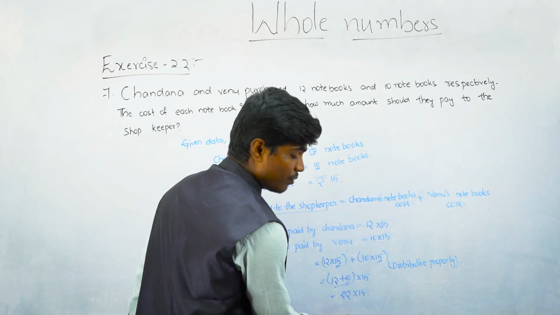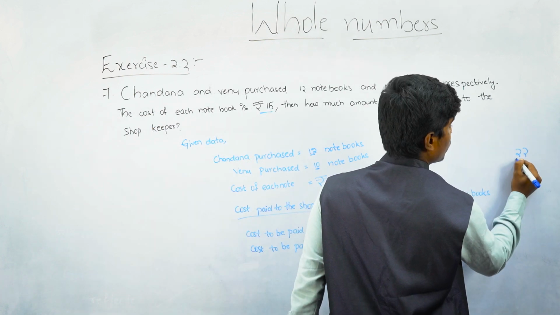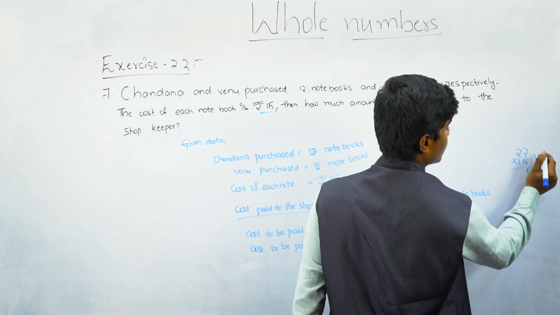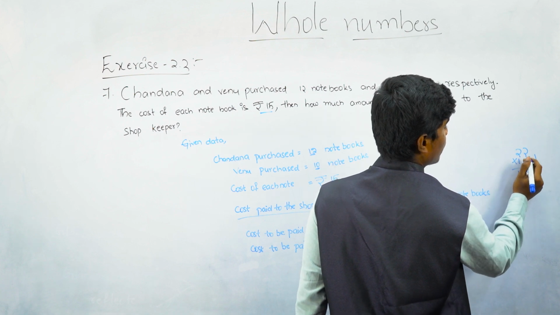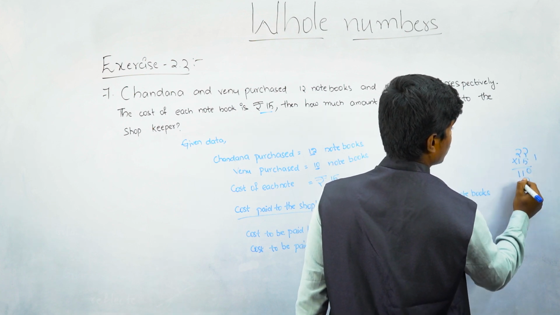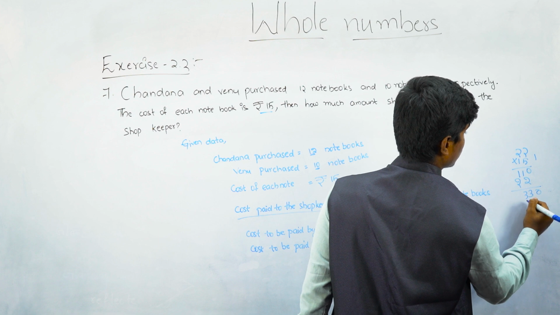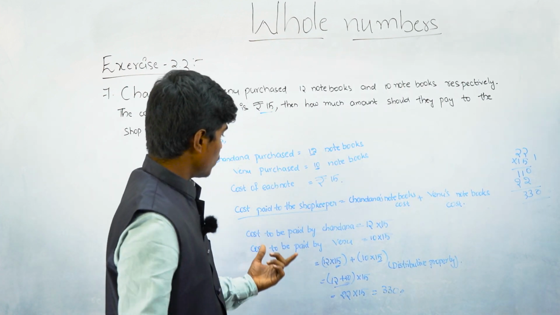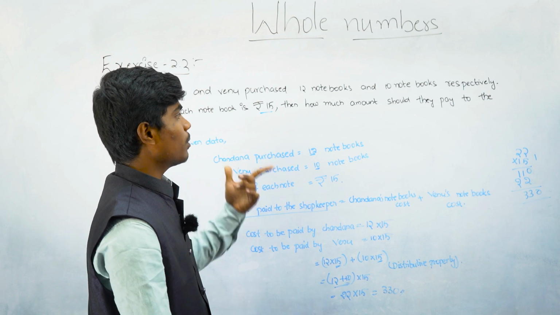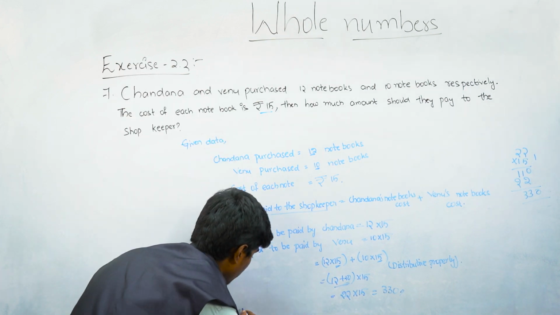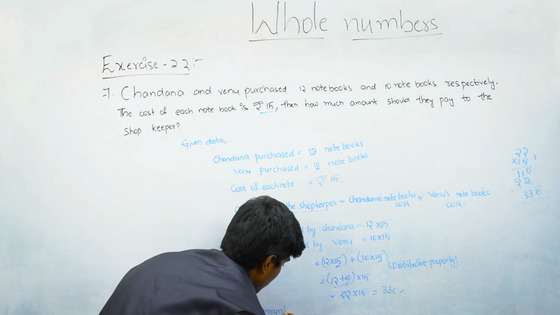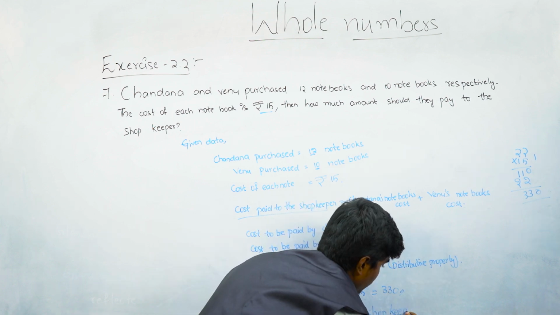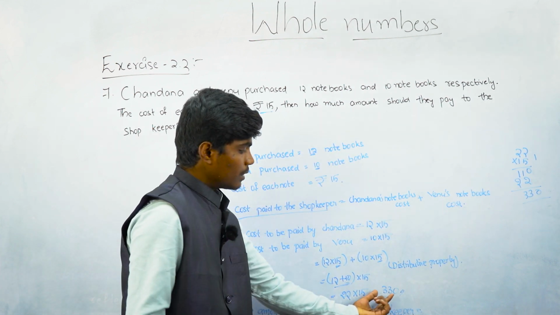Let's find the value of 22 into 15. 5 2s are 10, 10 plus 1, 11, 1 2s are 2. The answer is 330. So the amount to be paid to the shopkeeper is 330 rupees.